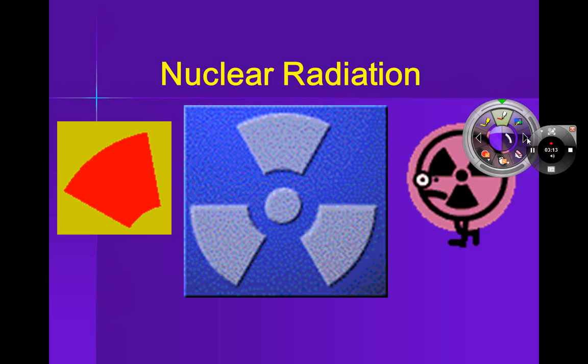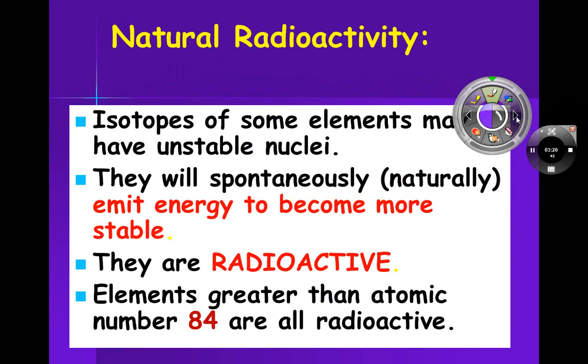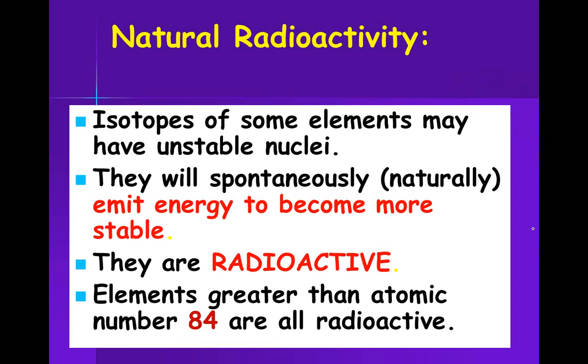Let's get more specific about radiation. Isotopes may have unstable nuclei. They spontaneously or naturally emit things to become more stable. They are what we call radioactive. Elements with atomic number greater than 84 are all radioactive.